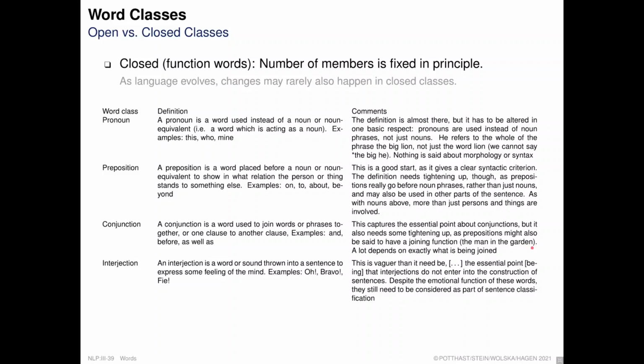The key point about the interjection actually makes them probably one of the best defined classes. The problem is, though, that they do not enter into sentence construction. So typically they look like sentences, they are not sentences, and they are not analyzed together with sentences.